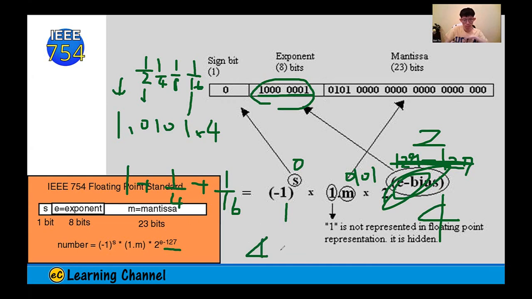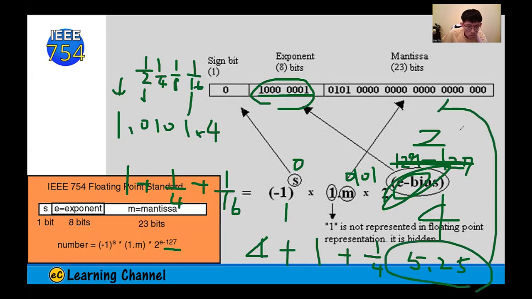So it's 4 plus 1 plus 1/4. So it actually is 5.25. Make sense?